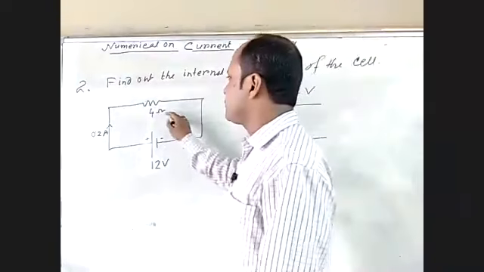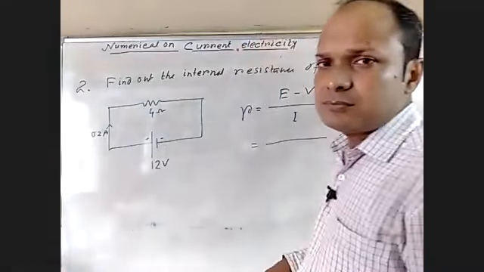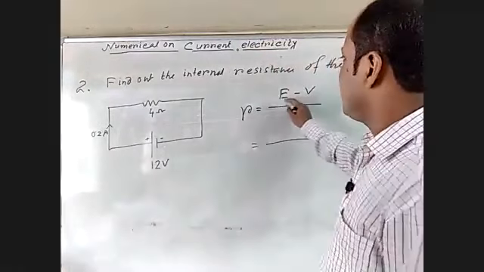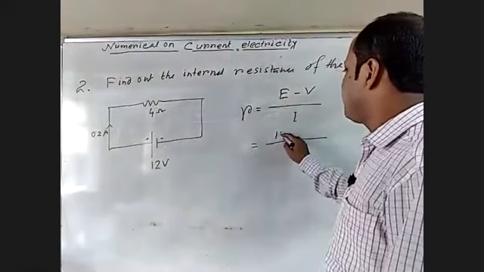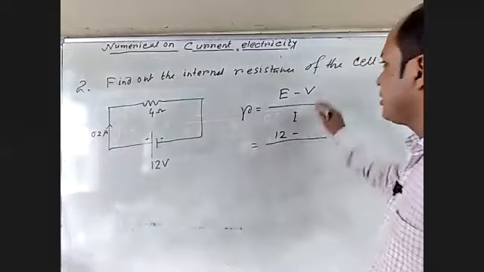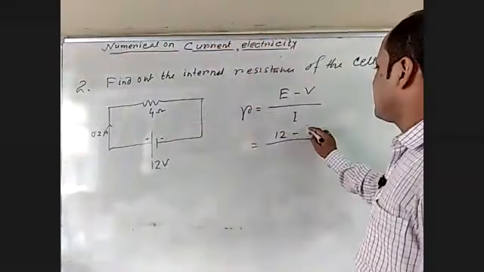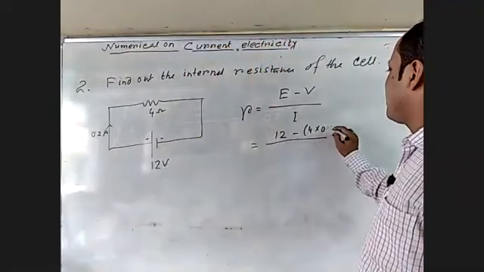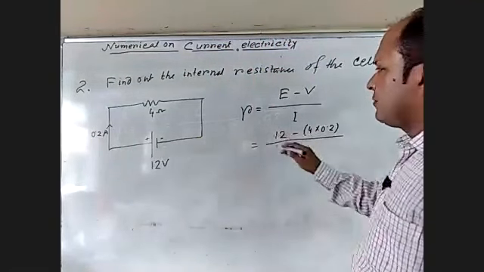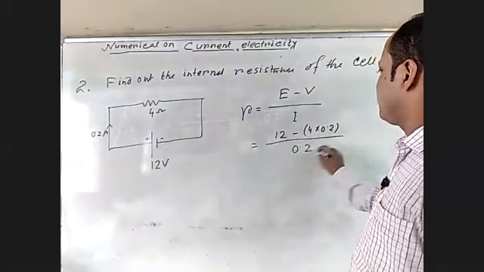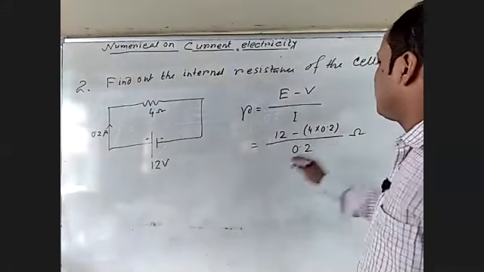Now, as the current is flowing, E is given as 12, V will be 4 into 0.2. That is 4 into 0.2, and divided by I equal to 0.2. This is in ohm.